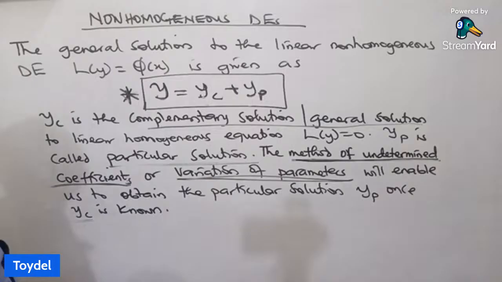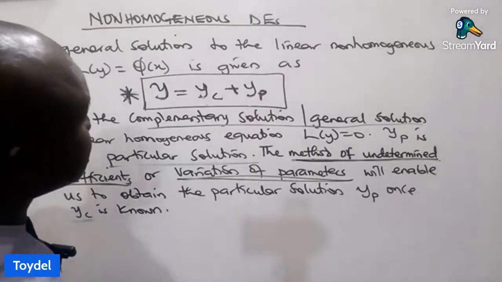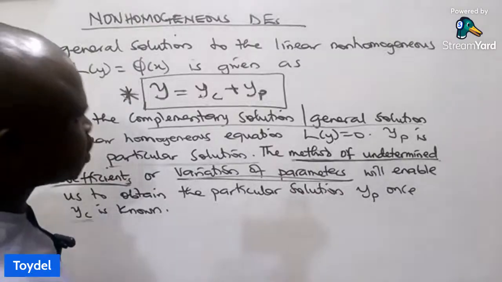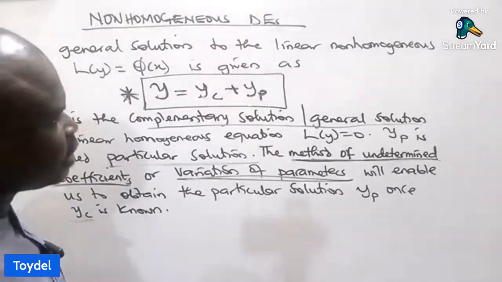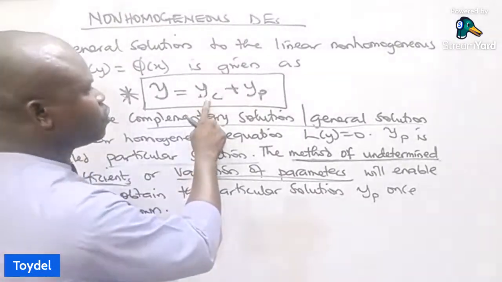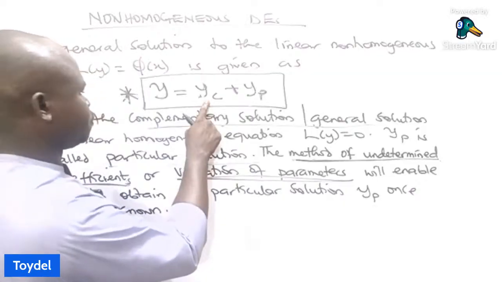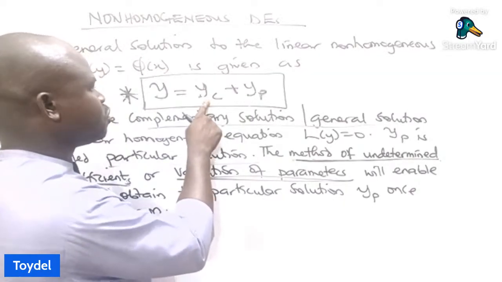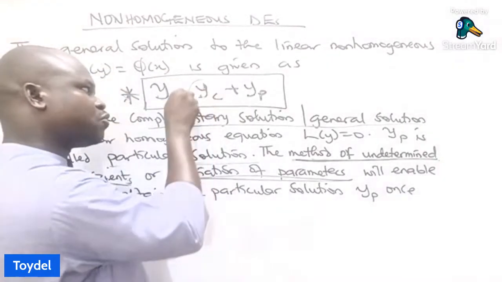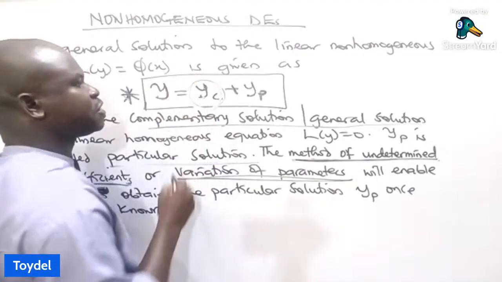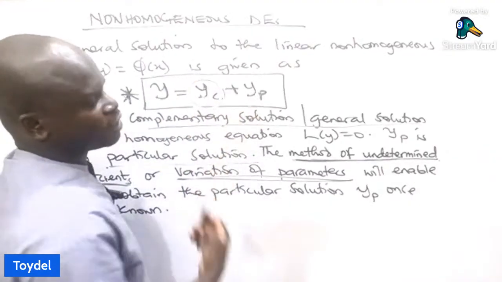So let's take note that if you are given a second order or higher order linear non-homogeneous differential equation, two solutions will be required. The first one is the complementary solution, which represents the general solution to the linear homogeneous differential equation. Once we have gotten this, we can go ahead and find a particular solution.